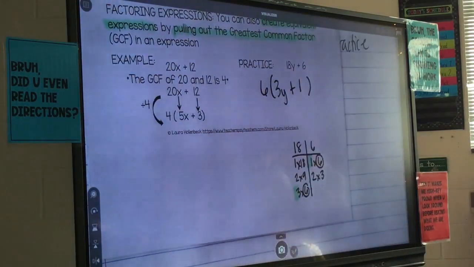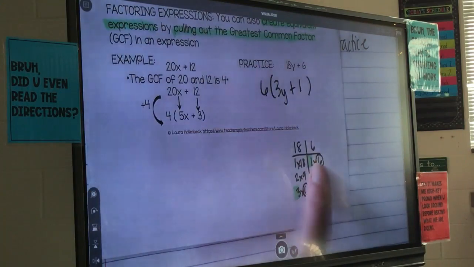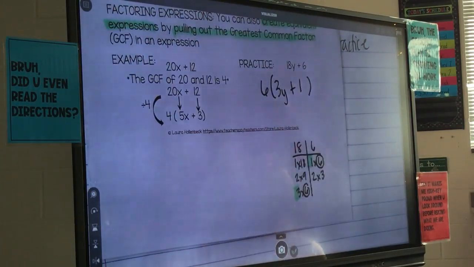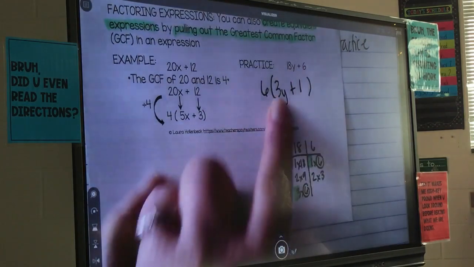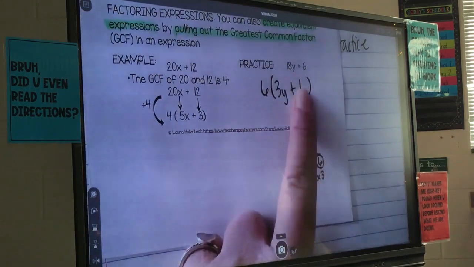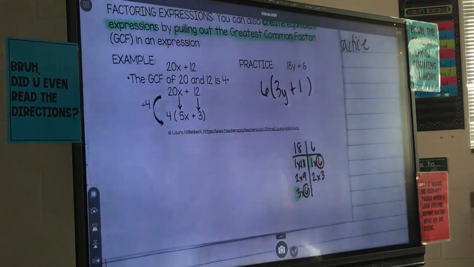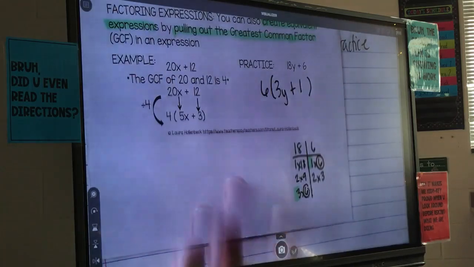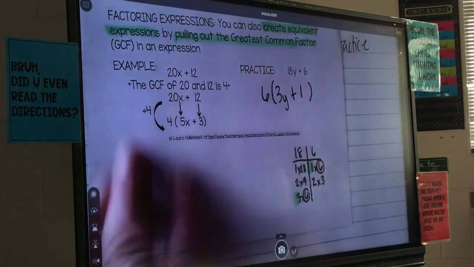So as long as I do this correctly, I'll get those numbers correct. Does that make sense? Yes or no? Because 6 times 3 gives you 18. 6 times 1 gives you 6. Again, it's just a trick. Maybe it works, maybe it doesn't. Maybe you're like, that doesn't make any sense to me, and that's fine. If it doesn't make any sense to you, don't use it. Just do what you did yesterday or what they did here.